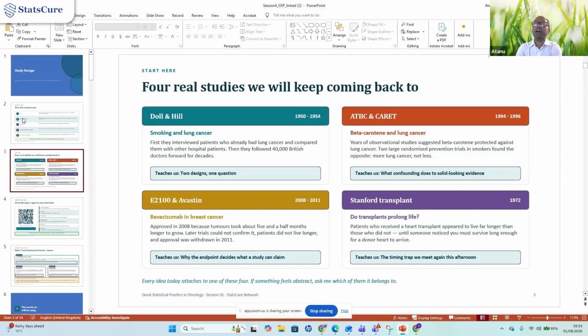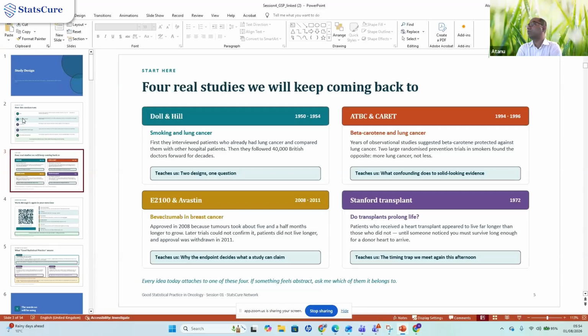So, as Akash said, this is the importance of study design. Smoking and lung cancer can be seen in the Doll and Hill study, whereas the ATBC and CARET studies show us the importance of confounding. Then, more recently, the bevacizumab, or Avastin, study in breast cancer, initially approved in 2008.